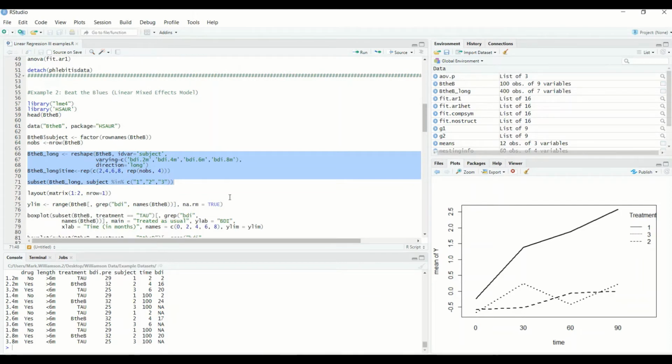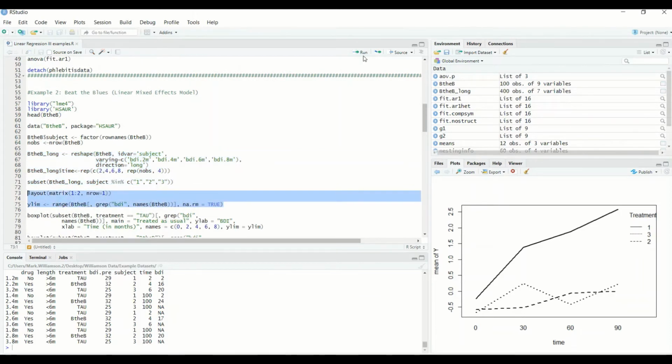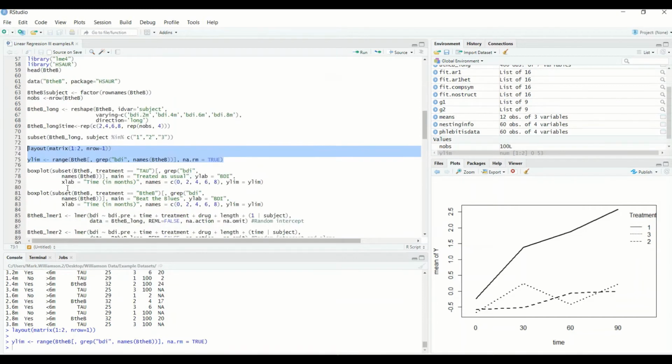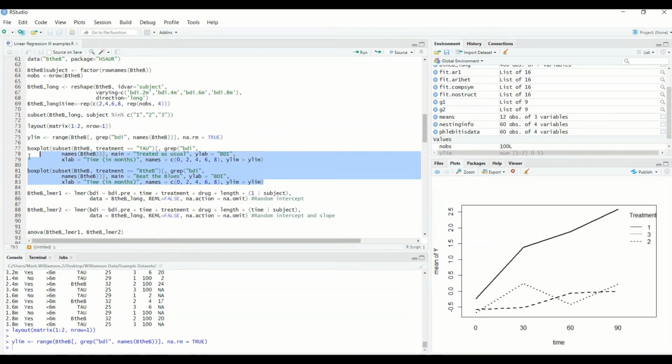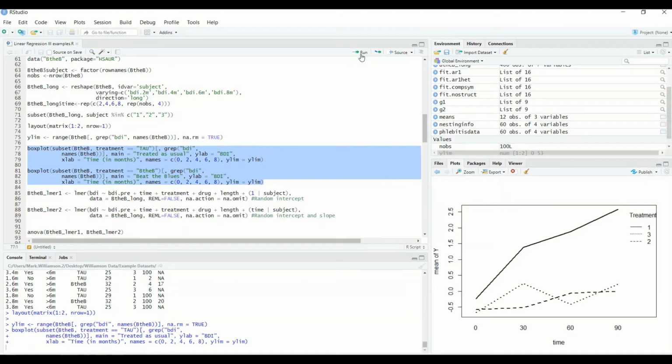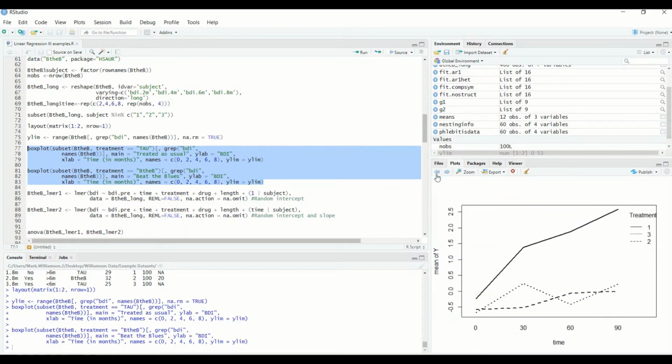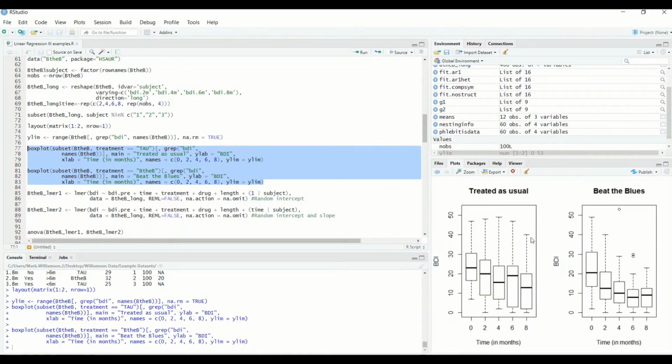Then we'll set the layout and some different formats. We want to try some box plots to explore it. This first one is the BDI across time for the normal treatment, and this is Beat the Blues. It looks like they both go down, and the idea is maybe Beat the Blues is a different kind of treatment that does better to reduce BDI.